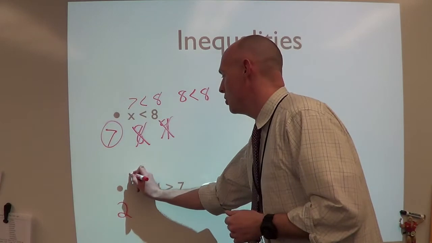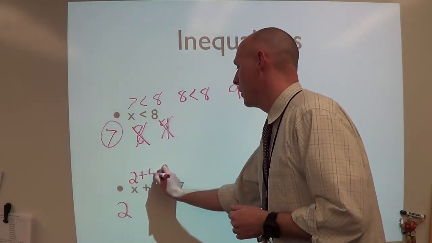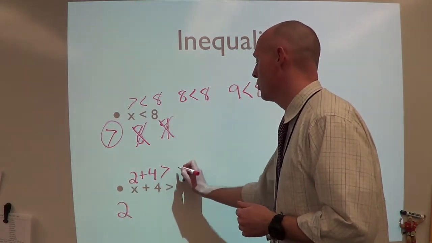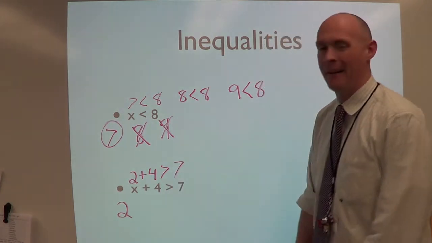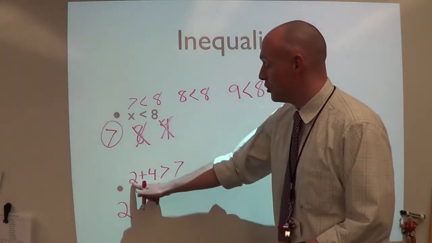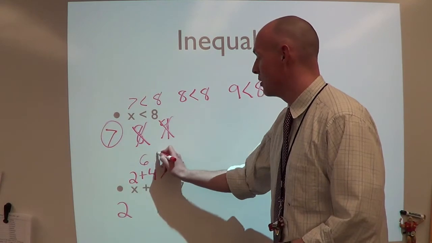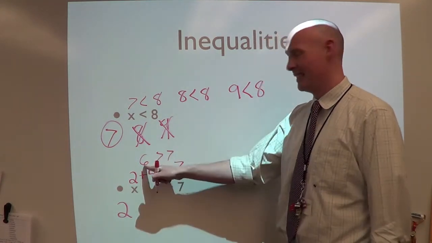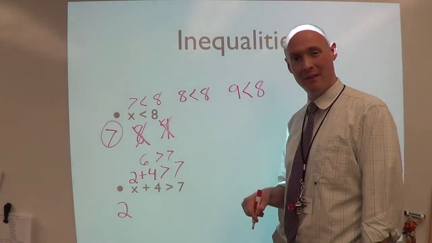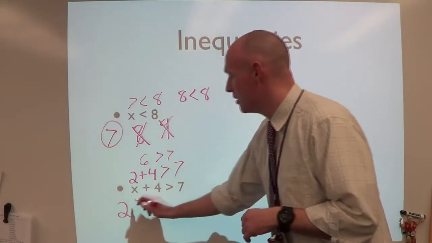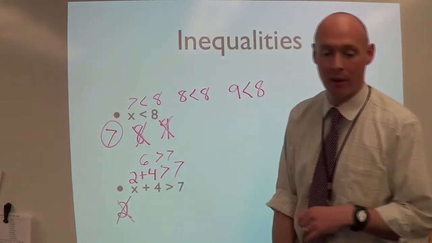Well, then it would be 2 plus 4 is greater than 7. We got to work it out. 2 plus 4 is 6. Is 6 greater than 7? Does that make sense? No, it does not. So 2 does not work.